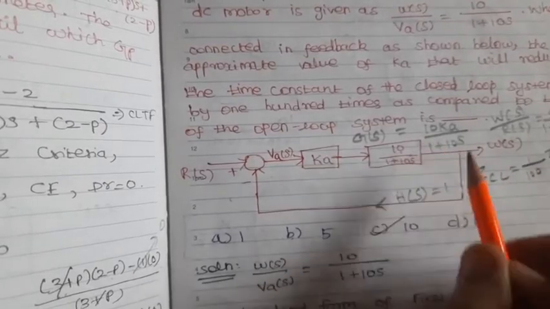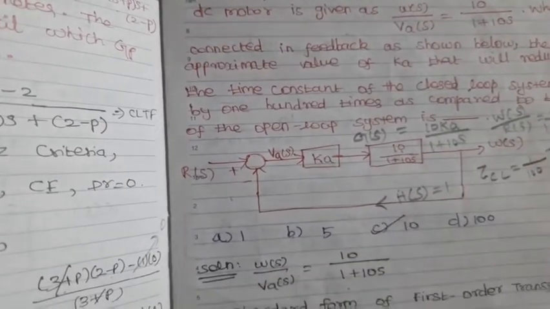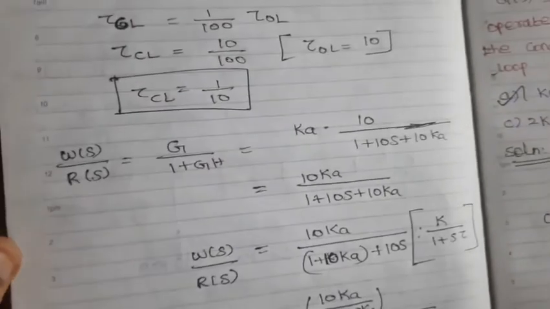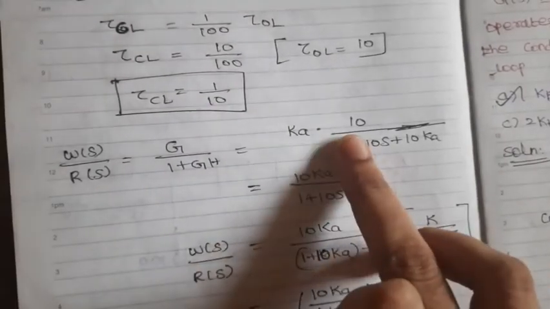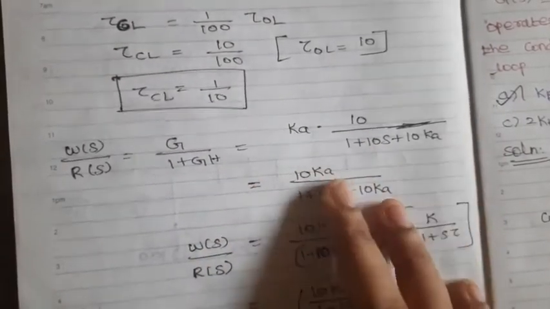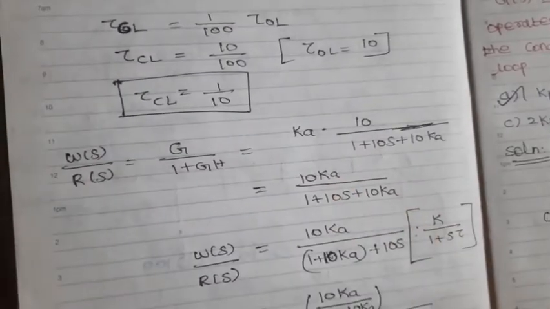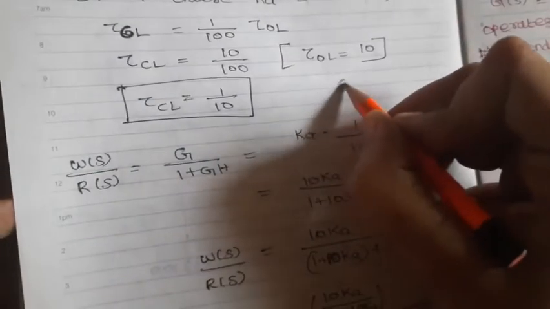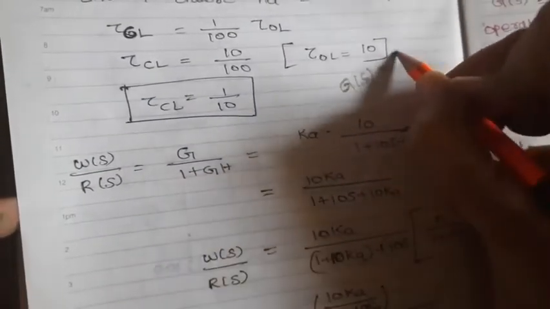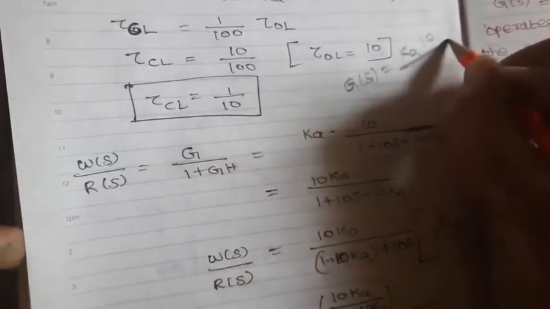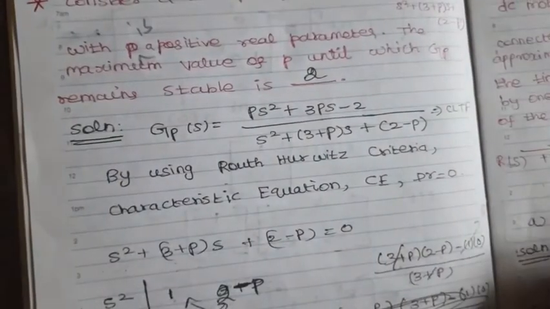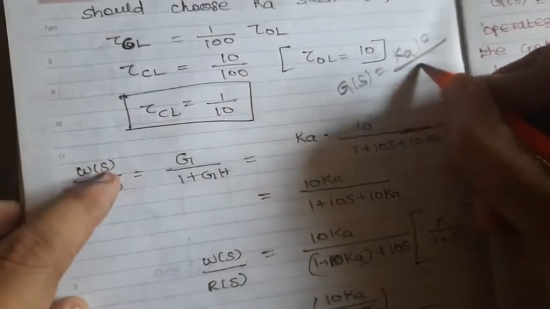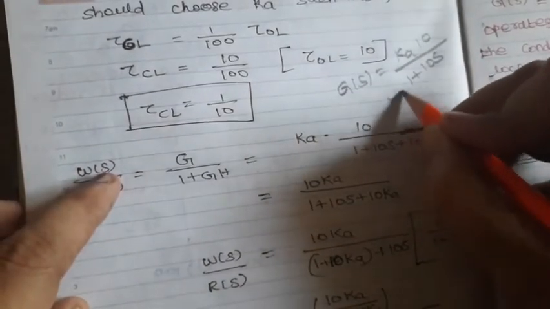So substitute the G value and H value in this equation. G of s is Ka into 10 divided by 1 plus 10s, and H of s is 1.